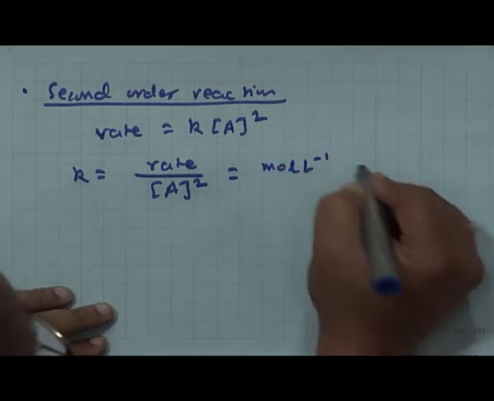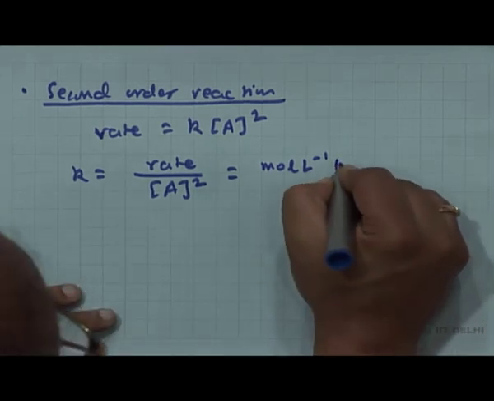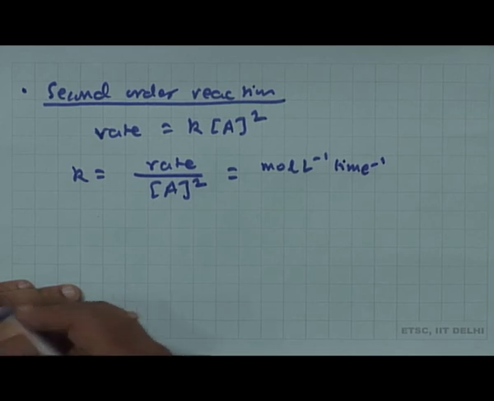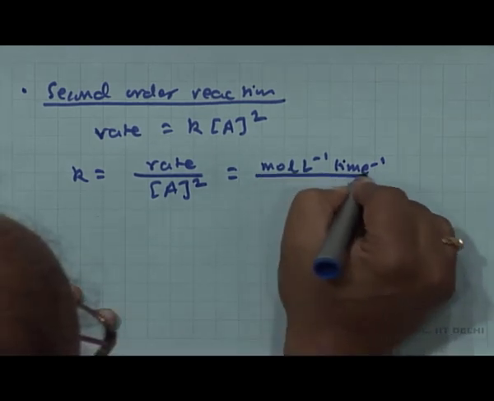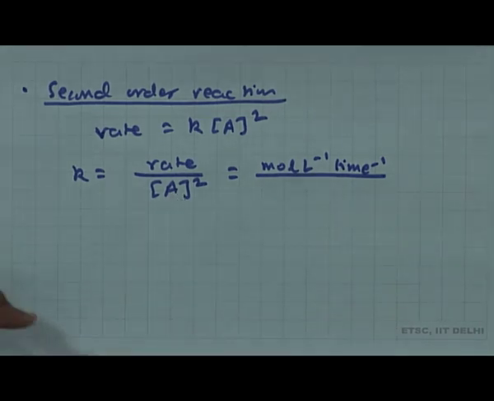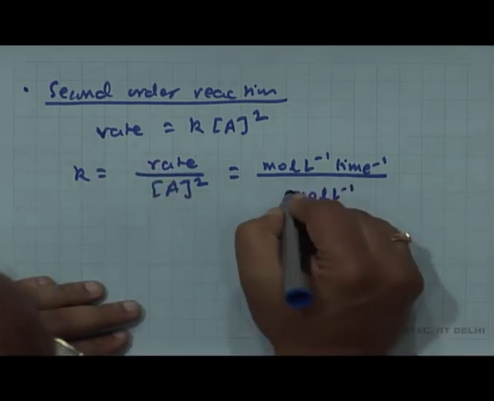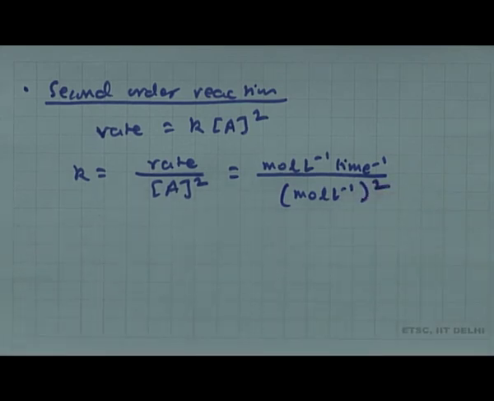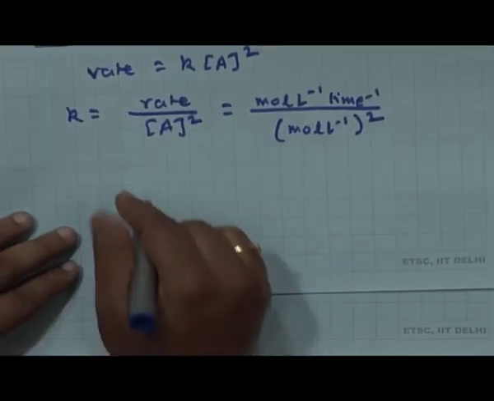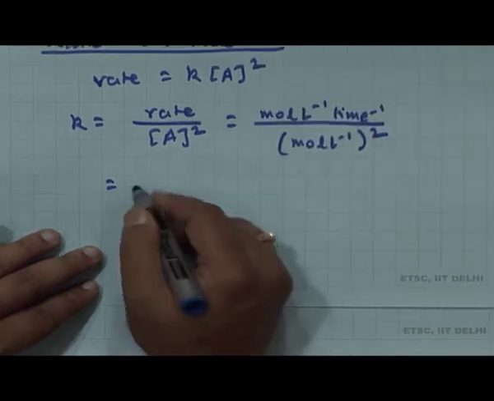Moles liter inverse, concentration being expressed in molar units or moles per liter, then time inverse, over what do we have? We have the concentration of A raised to the power 2, hence we would be having moles liter inverse raised to the power 2, okay, and thus one of these would cancel out, right. So, this will go on top.